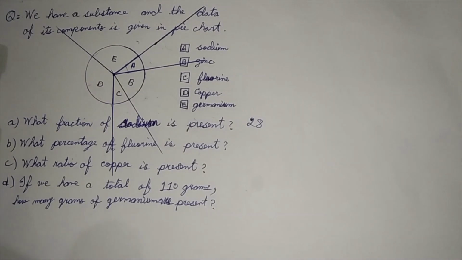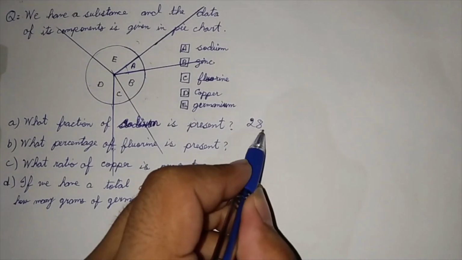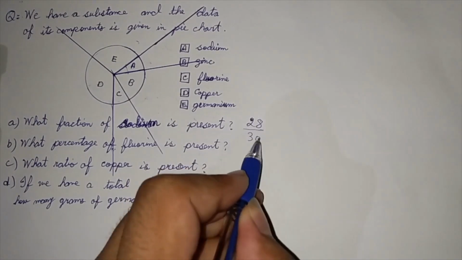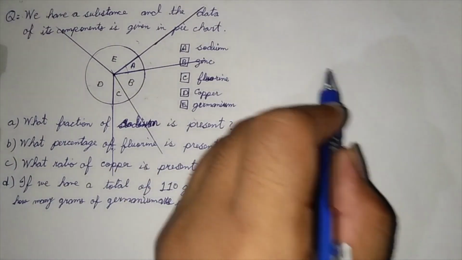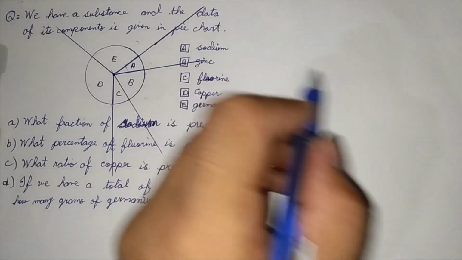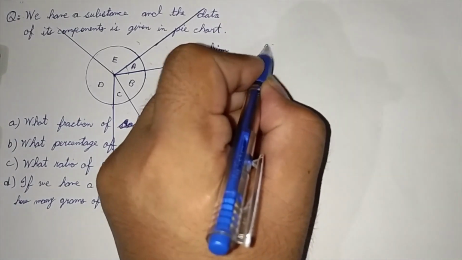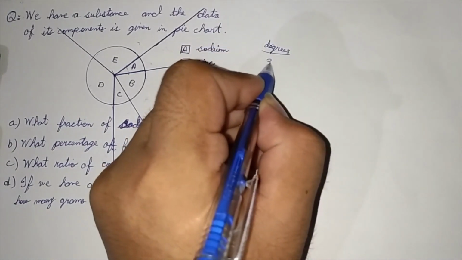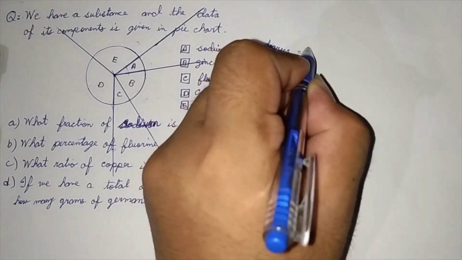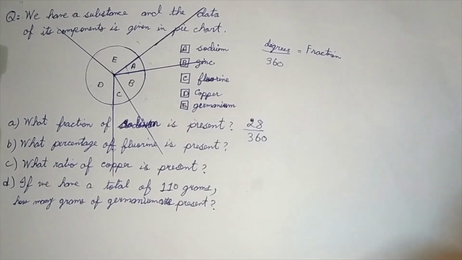Now if I divide this 28 by 360, or we can write the formula here.